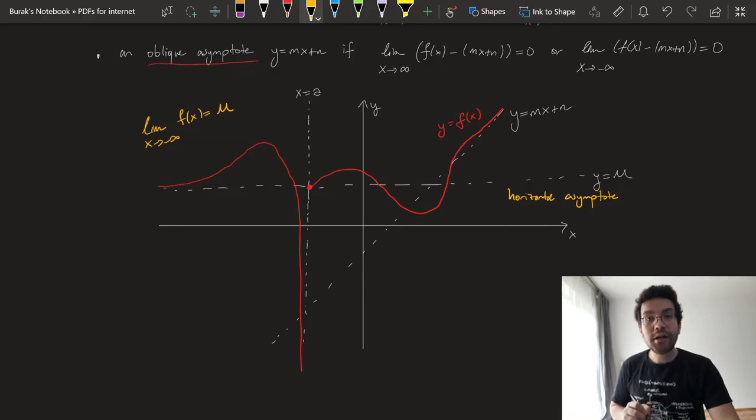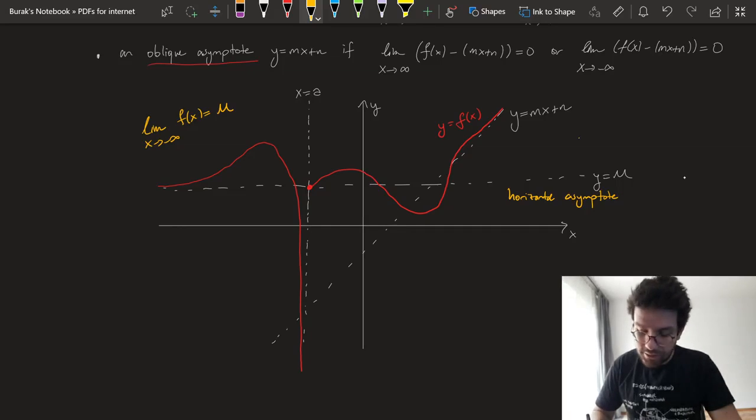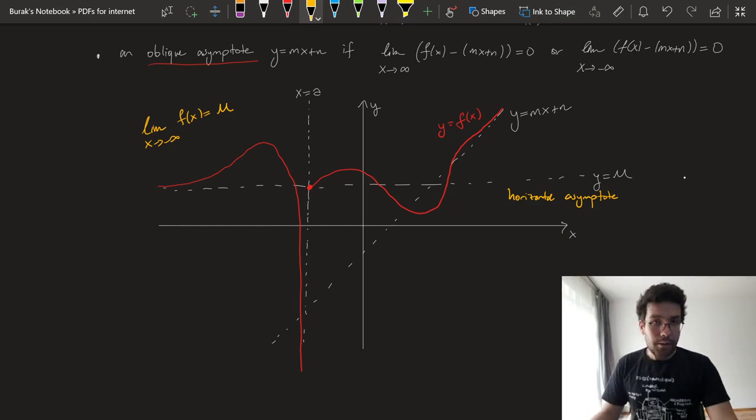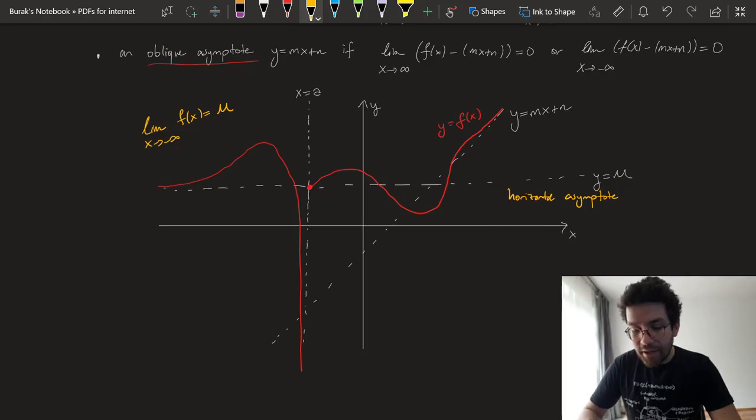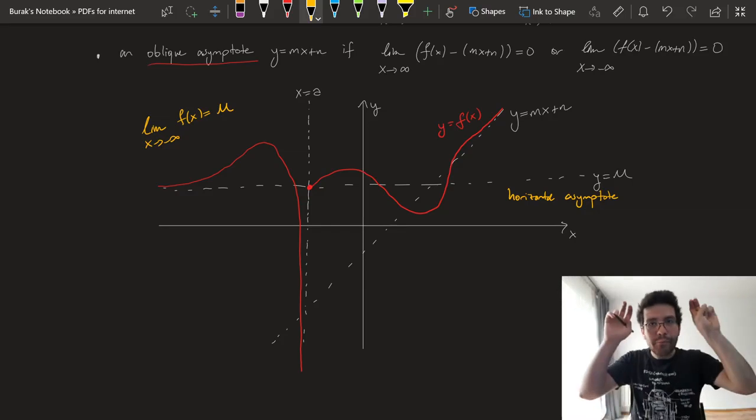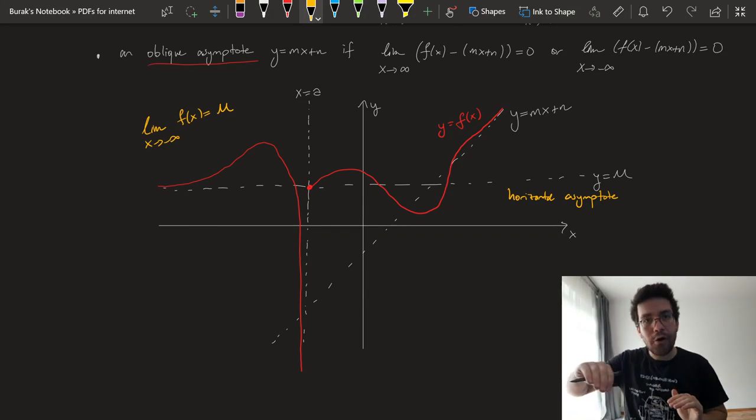And when I try to check the limit of this function at infinity, I see that it is infinity. It just goes to infinity, but it goes to infinity in a very specific way. Meaning what? I tried to draw this in such a way that the graph of this function slowly approximates the graph of y equals mx plus n.